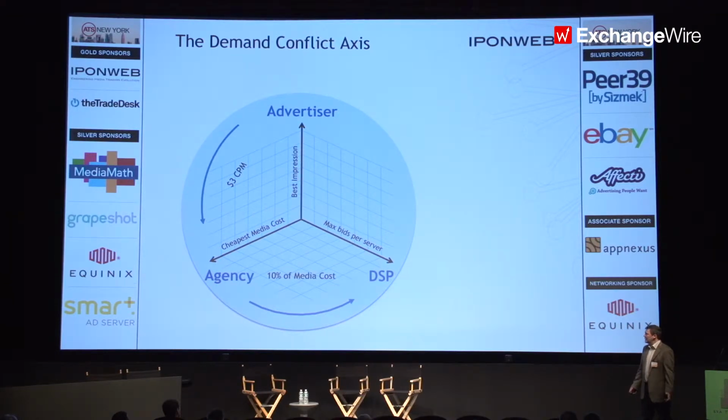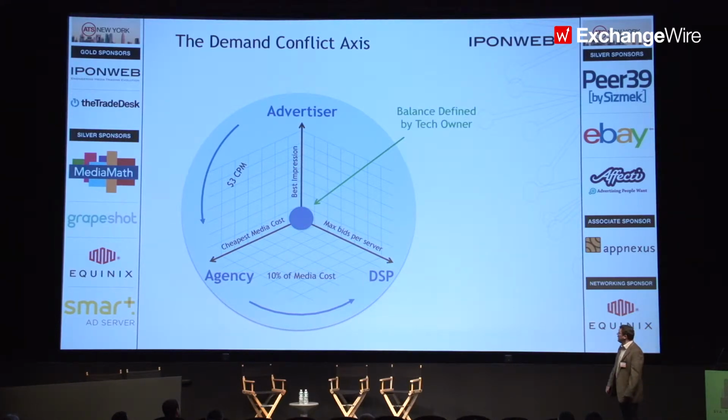Now, the cheaper the media cost, the less money the DSP gets. So the DSP doesn't really struggle, doesn't put too many resources into making it as cheap as possible. They just do some decent job. And in the middle of that, there is a technology owner, could be the DSP, could be somebody else, who needs to balance all those competing and contradictory requirements.